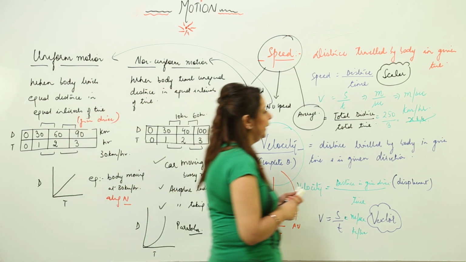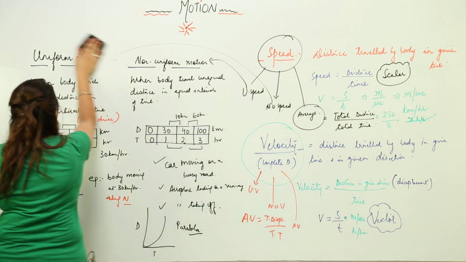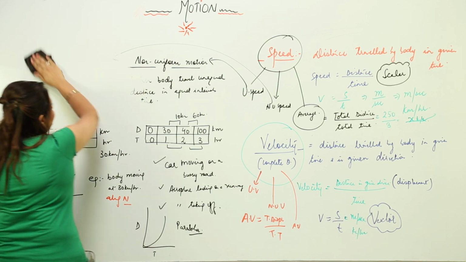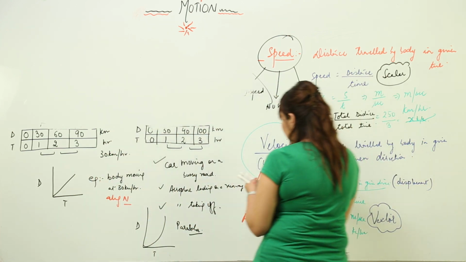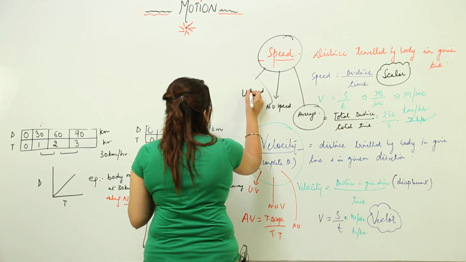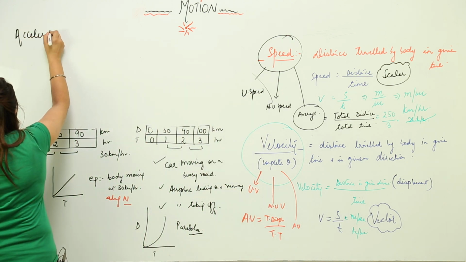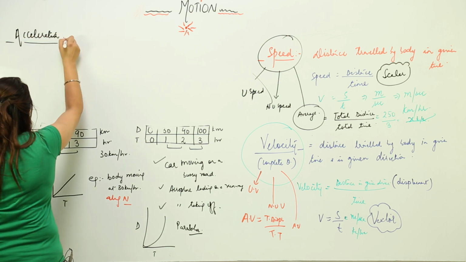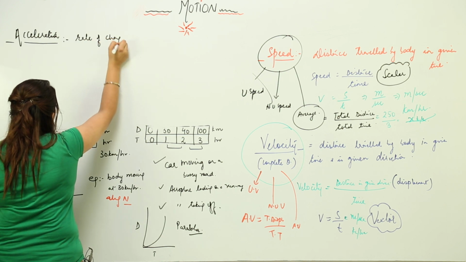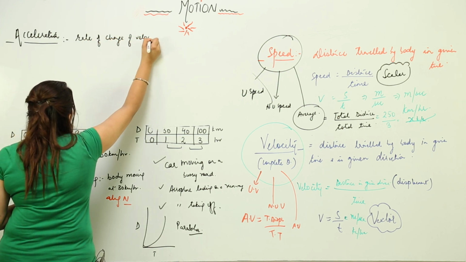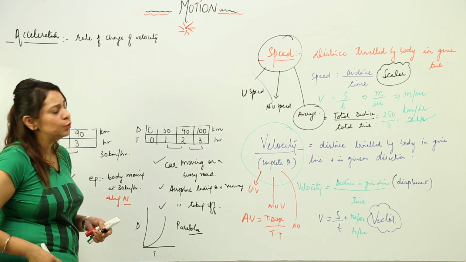Now we have one more thing, that is acceleration. What is acceleration? Acceleration is the rate of change of velocity, or you can say the change in velocity with respect to time.